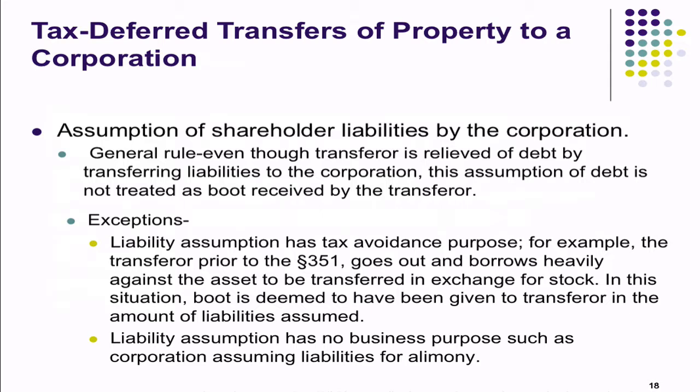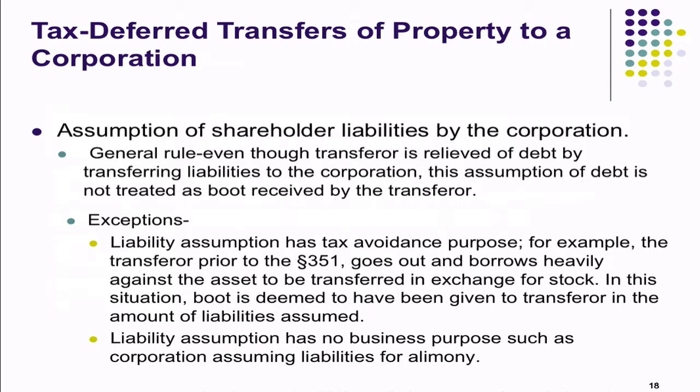Okay. What happens when a corporation assumes liabilities? So, for example, let's take again, I have a piece of property that I want to transfer to a new corporation. That piece of property is mortgaged, and it has a fairly substantial mortgage on it.